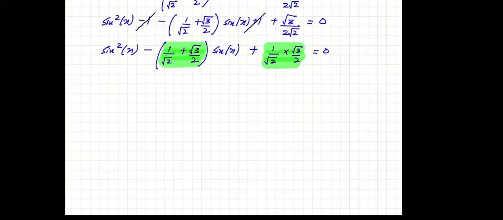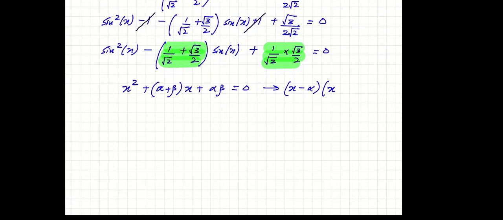So you remember I told you if you have x squared minus alpha plus beta x plus alpha beta is equal to 0, what would be the answer? x minus alpha, x minus beta. You can factorize it like that.